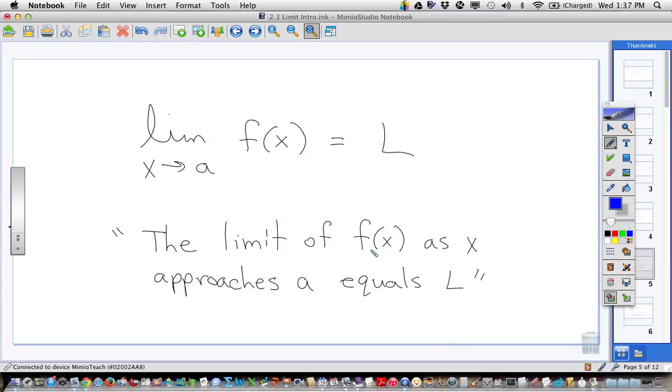Now it's possible that there is no limit. It's possible that the limit does not exist. There's a little bit of language there that is important to understand. We talk about functions being undefined. If you plug in a number and don't get out an answer, we say the function is undefined. With limits, if there is no answer, we say the limit does not exist.